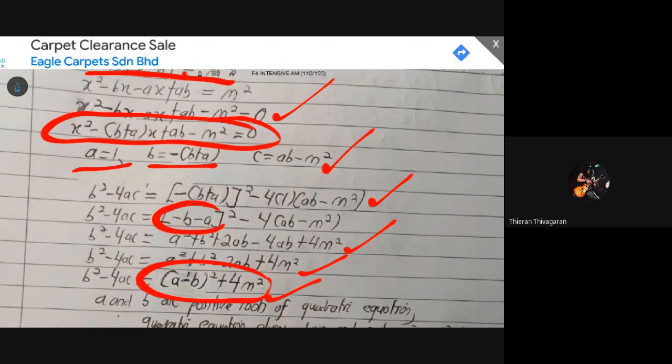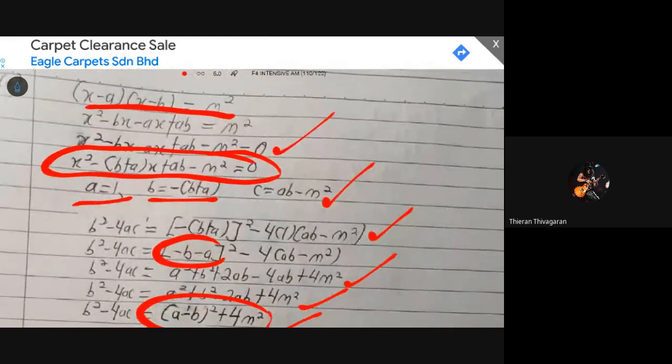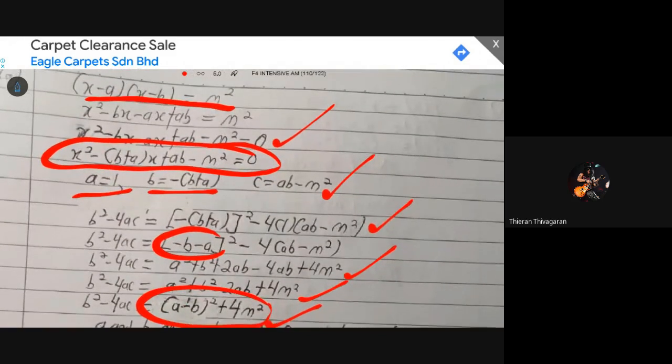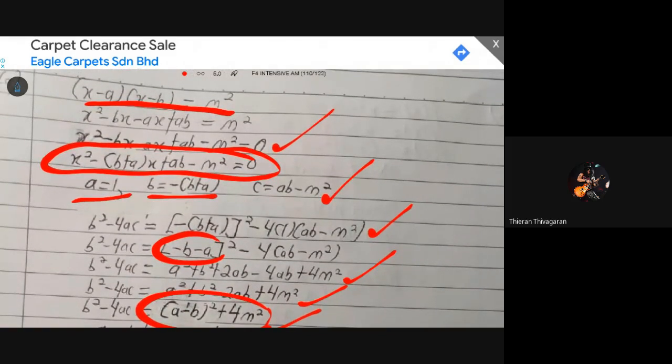Sebab tak ada nilai kat sini. There is no value over here. So how do I say this is greater than 0 actually? Macam mana? Kamu ada yang ni sahaja. There is no value given to you. Apa konsep di belakang dia? Anyone got idea? Can you all suggest?